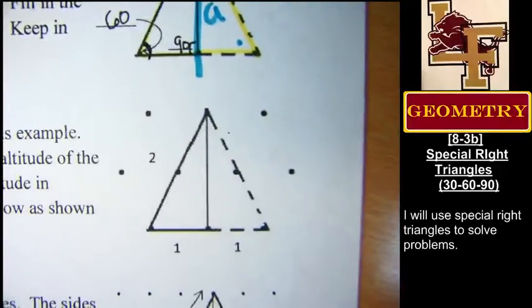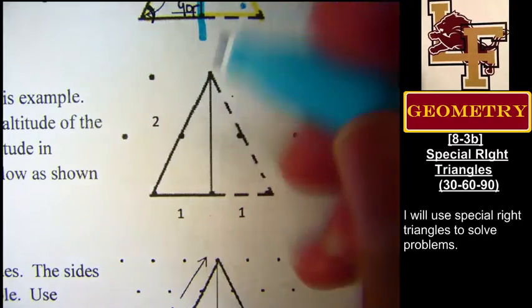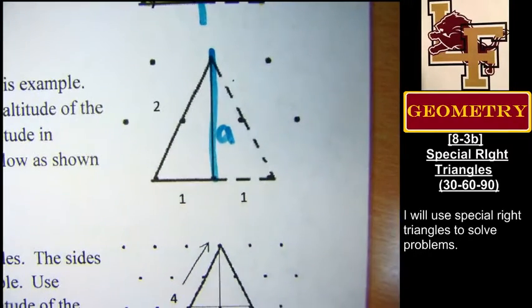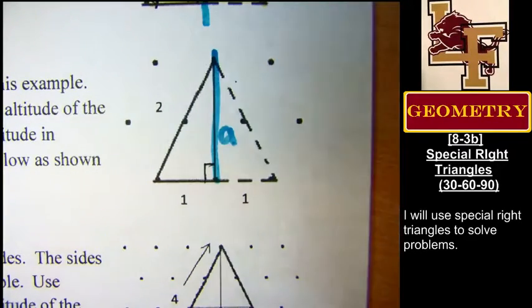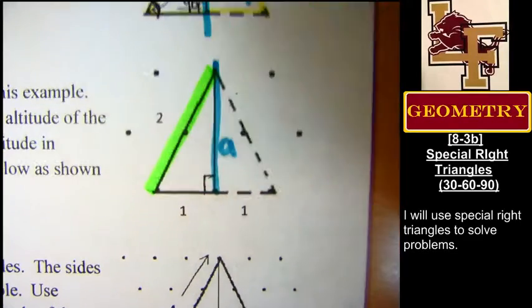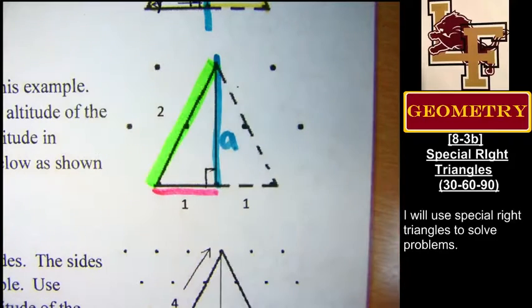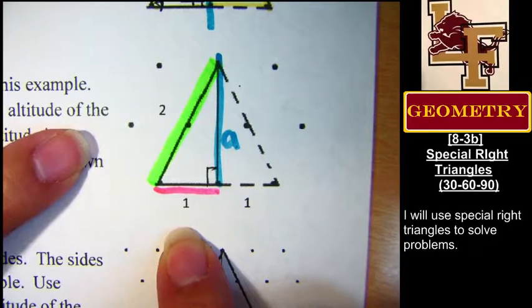All right, let's look at some sides. Here I have that equilateral triangle again. Here I've cut it at the altitude. And cutting it at the altitude to give me my 30, 60, 90 right triangle gives me a hypotenuse and it gives me a short leg. Take a look at the measurements between the short leg and the hypotenuse.